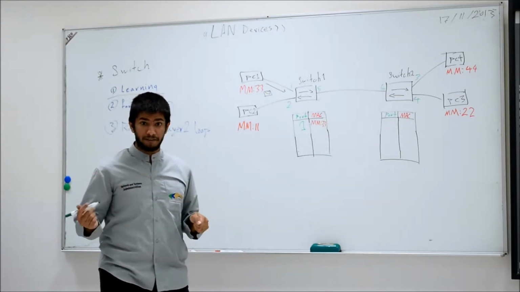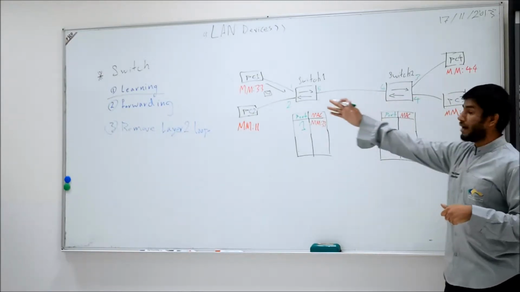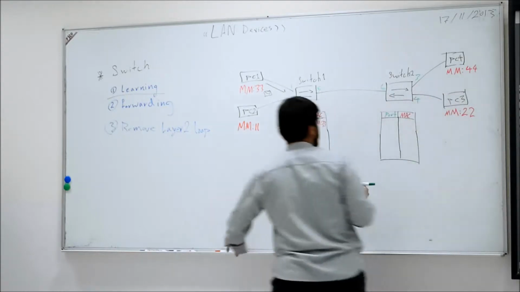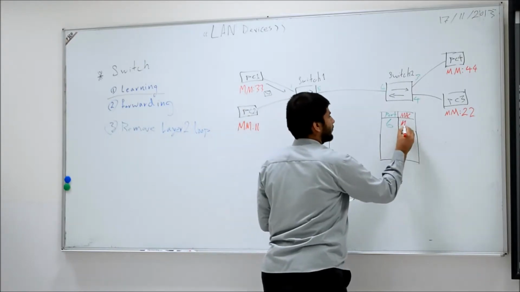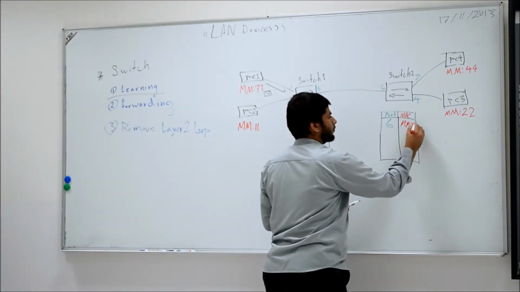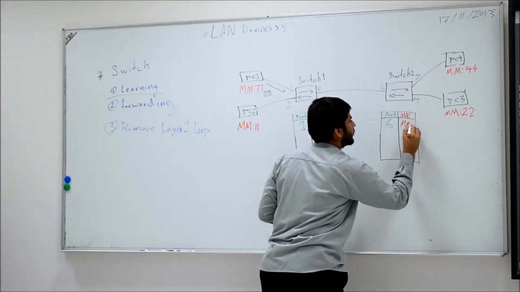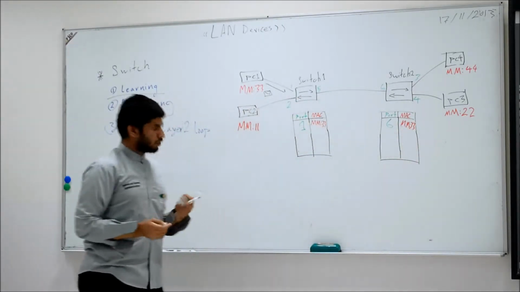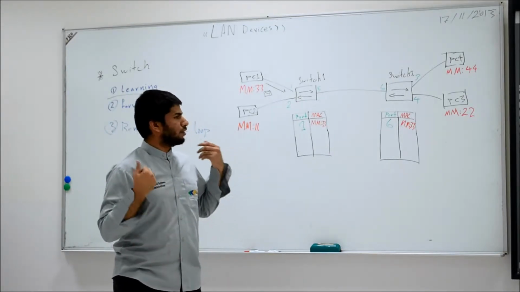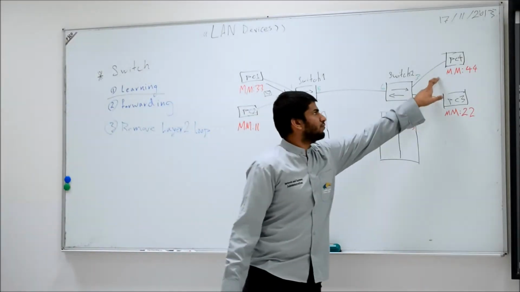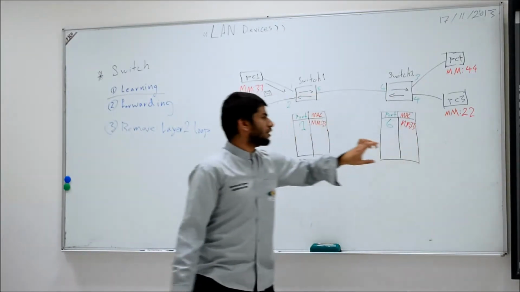The second switch will learn. It will say, okay, port 6 has the MAC address of PC1, so it will write port 6, MM3. Then the second switch will say, okay, let's flood. It floods to PC4: are you PC3? No. It asks the other computer, are you PC3?